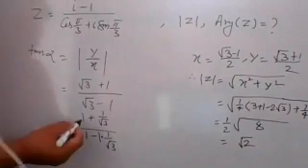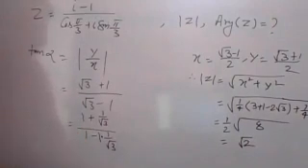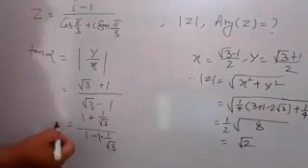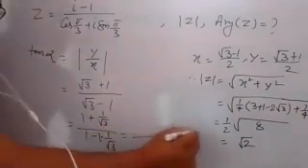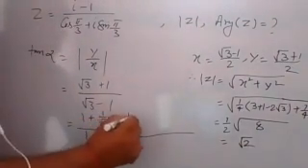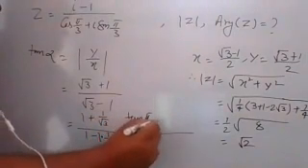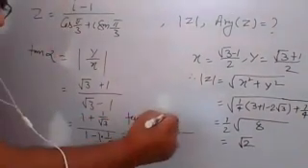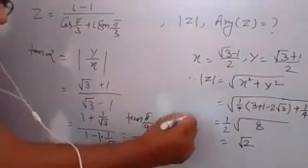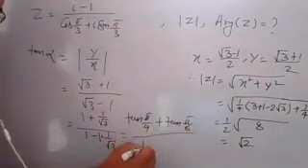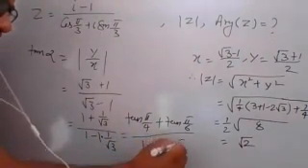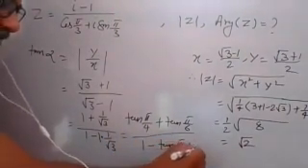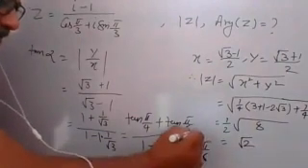And you know, in place of 1, you can write tan pi by 4, and 1 by root 3 is the value of tan pi by 6. Okay, so in place of 1, here you write tan pi by 4 plus, in place of 1 by root 3, you write tan pi by 6. Okay, and here 1 minus, for this one you can write tan pi by 4 into tan pi by 6. Understand?